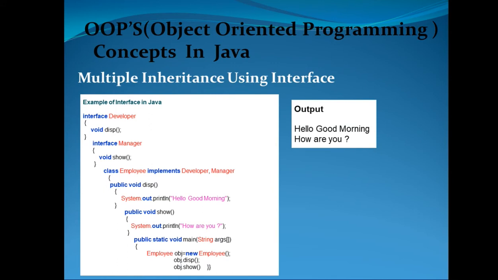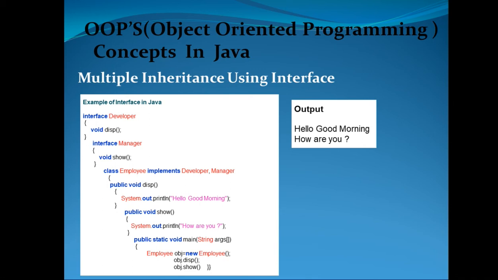So this is the example of multiple inheritance using interface. Here we have an interface Developer, which has the method display. Here we have another interface, Manager, which has the method show. We create a class named Employee that implements two interfaces, Developer and Manager. Here we have a public void display method of class Employee, which displays hello good morning, and after that a void show method of the Employee class, which displays the message how are you.